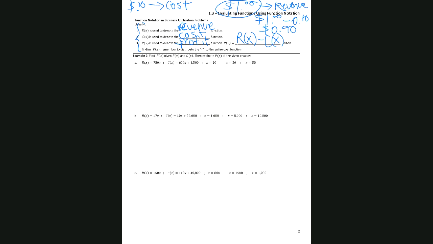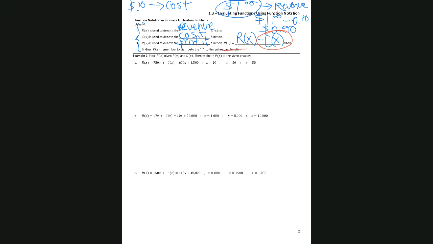So when finding P of x, the profit, remember that you need to distribute this negative sign, and that's what we're going to be practicing in today's lesson. Distribute that negative sign to the entire cost function, not only the terms that have x.